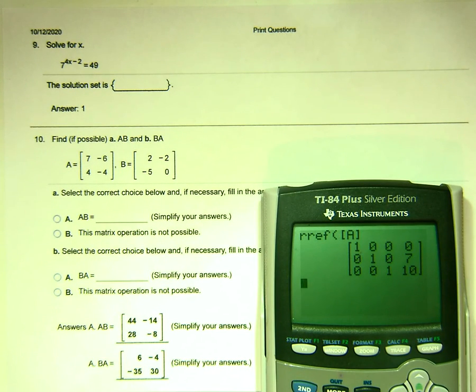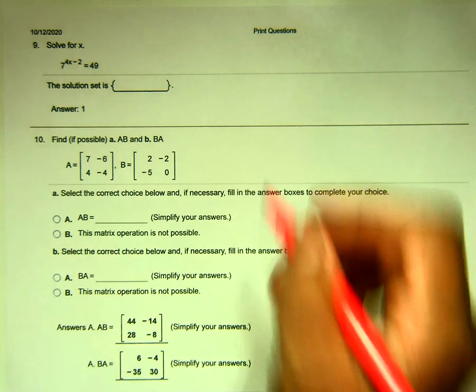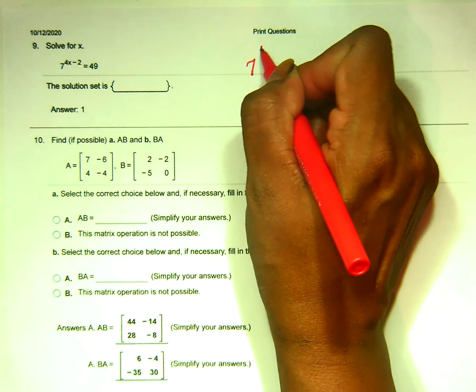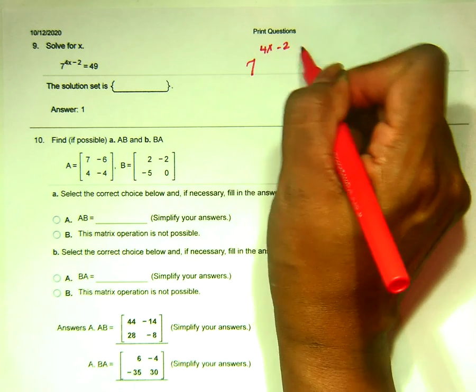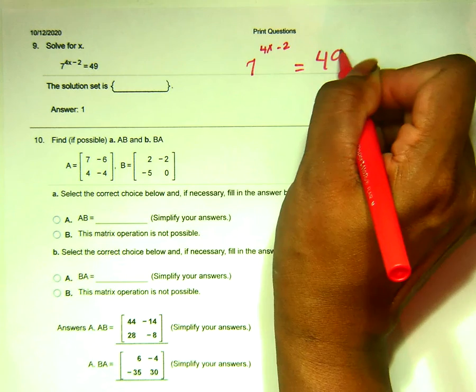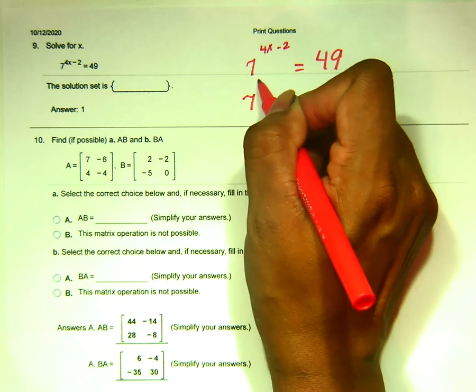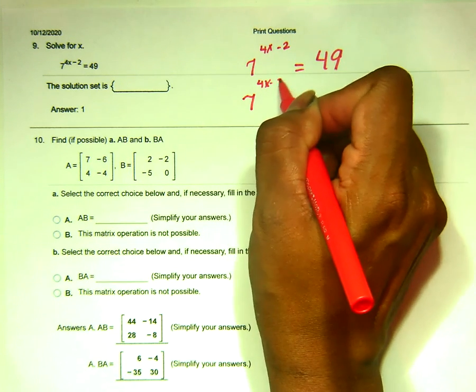This one is pertaining to what we did last week. Well, I'm saying last week, but in section 3.2. So if I rewrite this using the like basis, I can rewrite it saying 7 to the 4x minus 2 power equals 49. Well, I know that 49 is a perfect square.